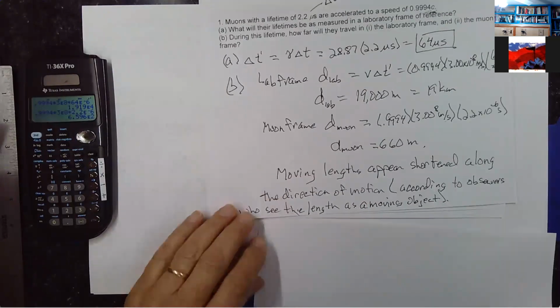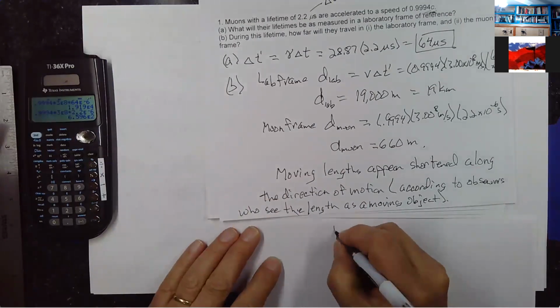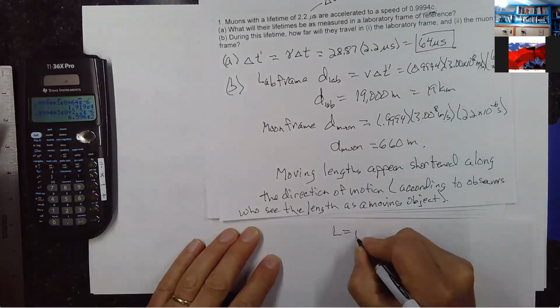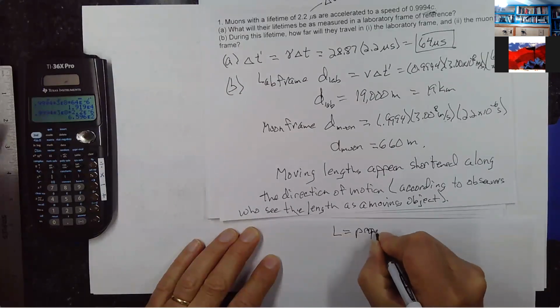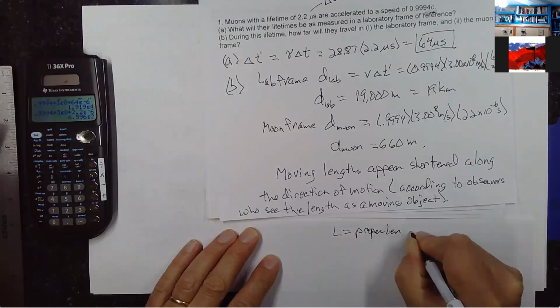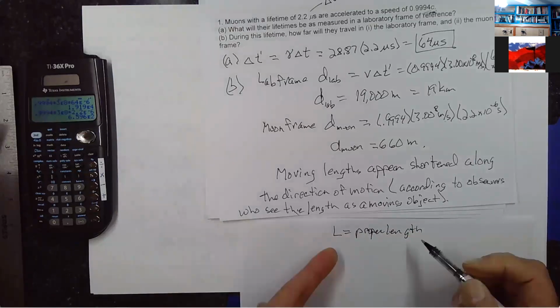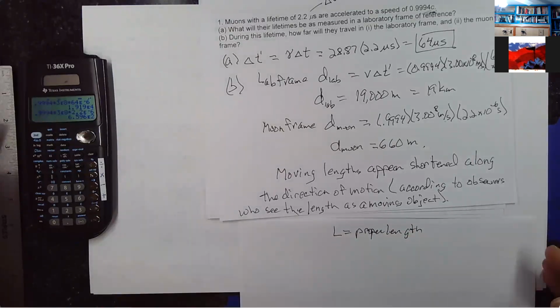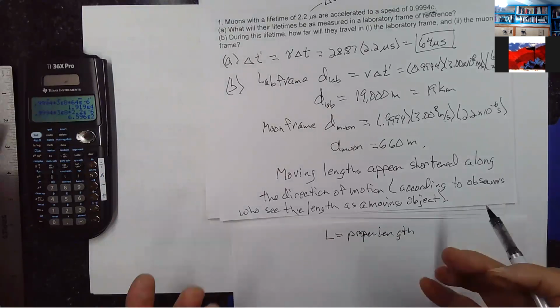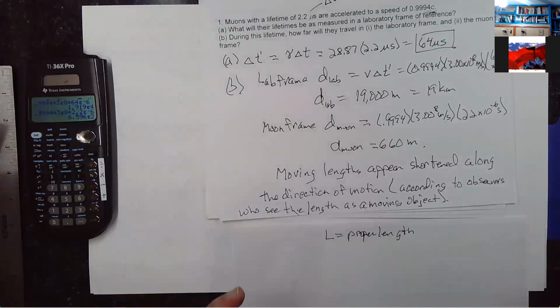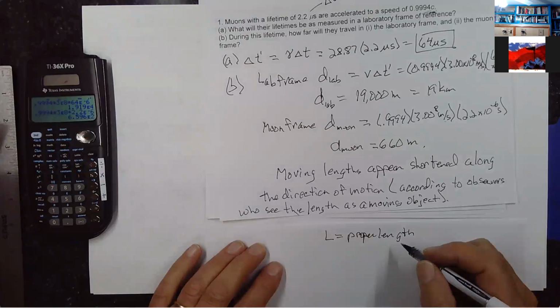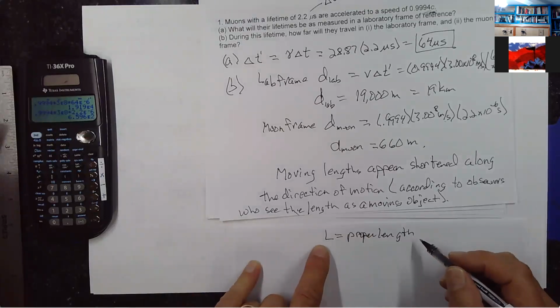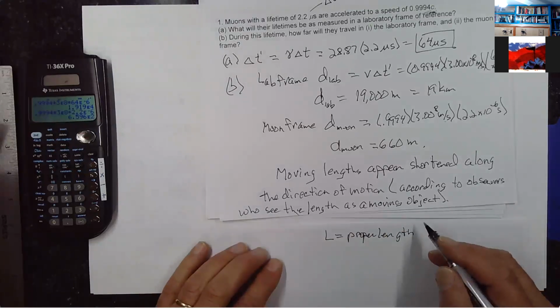For the length thing, if you let L equal the proper length, this would be the length where you've got the ability to just take a tape measure and measure that length at your leisure, or just take a meter stick, flipping it end over end the whole time. You can measure it that way. So it's at rest with respect to you, whatever the object happens to be.